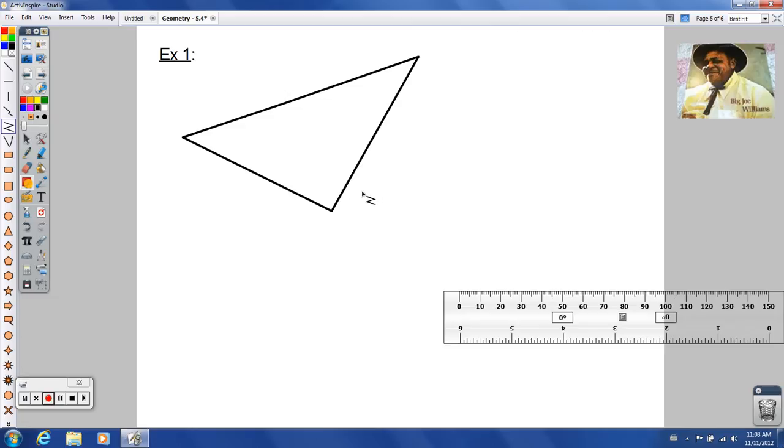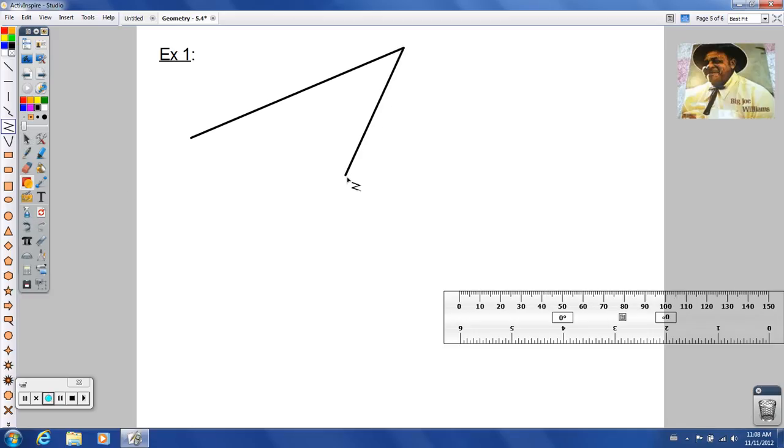Okay, so it almost looks isosceles here. I think I want to adjust that a little bit. I want this side to actually be just a tiny bit shorter than my other side. So I'm going to go like this. Okay, so this side to me looks just a skosh smaller than this side, but I want this to be my longest side. So not quite an isosceles triangle, but pretty close.